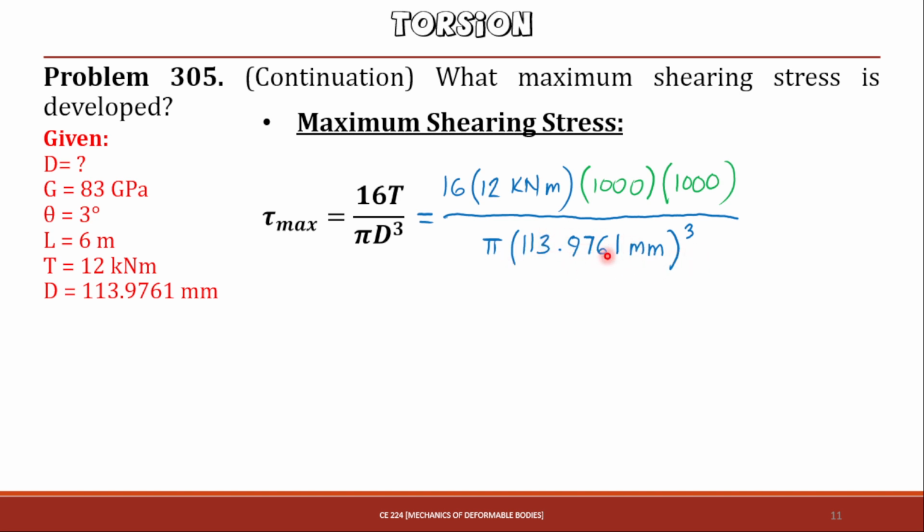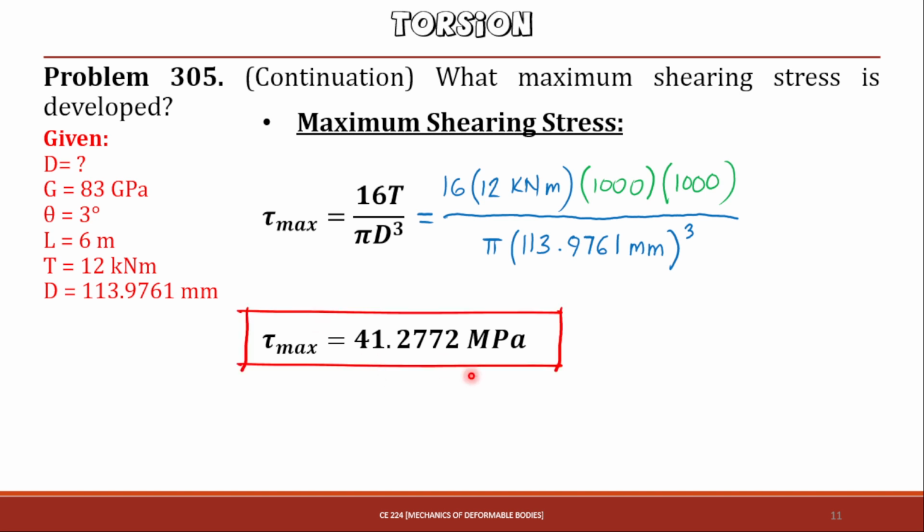Makikita mo dito na very handy yung pag-i-store ng values sa calculators, kasi imbes na 7 characters ang ilalagay mo dito, A na lang yung ilalagay mo. So you can solve for the maximum shear faster. Okay? So we have the maximum shear na 41.2772 megapascal. So ito na yung maximum shearing stress for problem number 305.